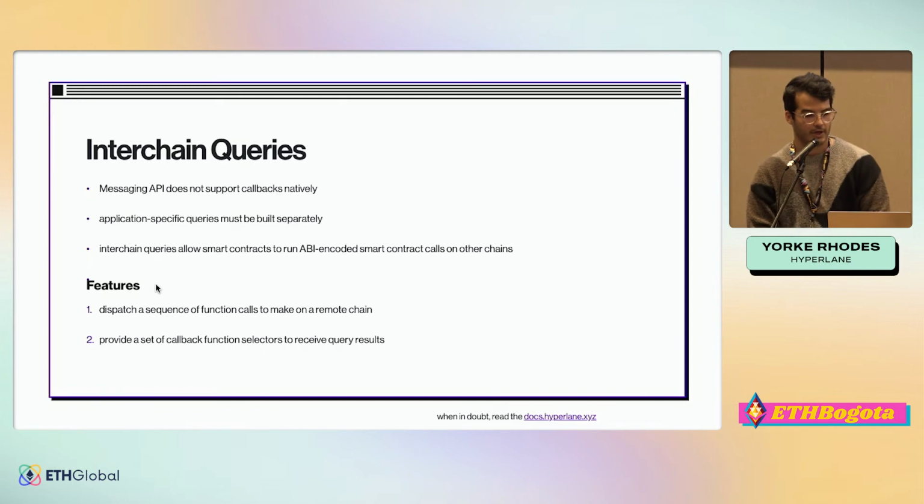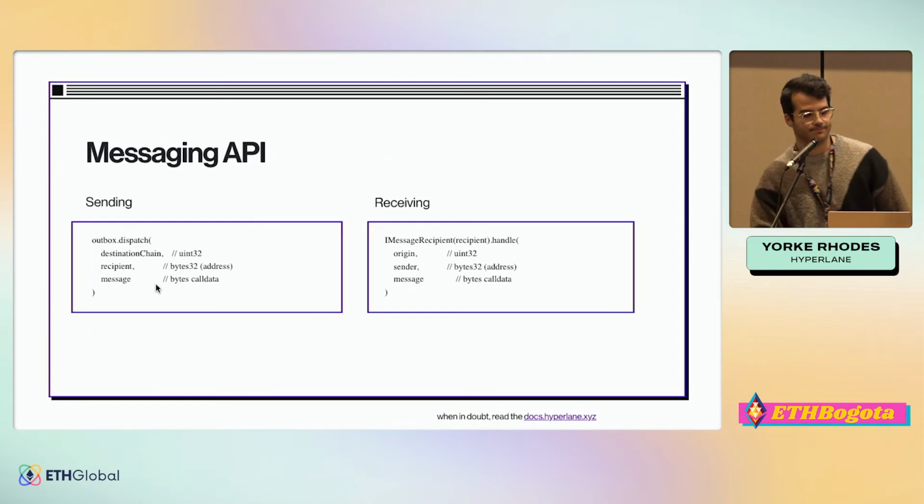And then I also wanted to highlight the Interchain Query system, which is super new, deployed on testnet today. But yeah, it feels like another middleware developer primitive that makes it easier to work with the Hyperlane system. So I think you'll notice in the messaging API that there's no native callback support.